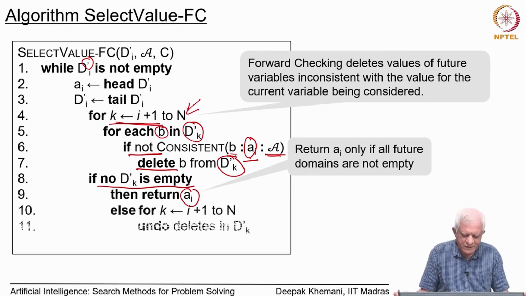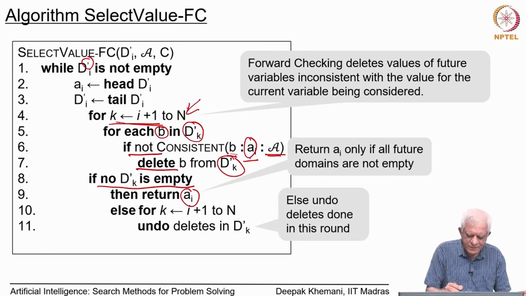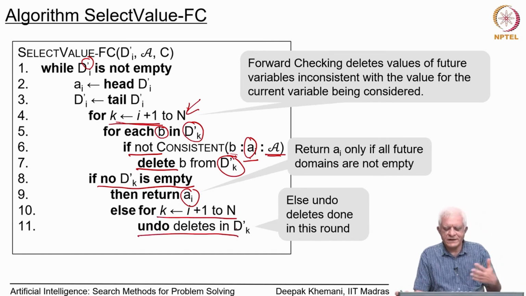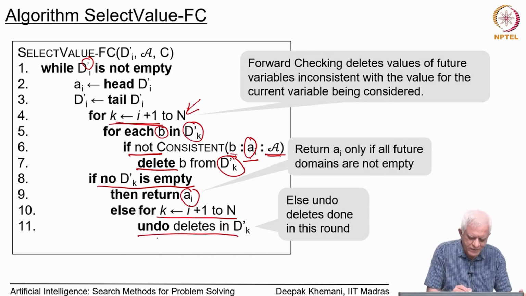If some domain is empty, which means that the condition is not met, then you go and look at all those variables and undo the deletes that you did for those variables, reset the values to the ones that were before you chose the value ai. So, this undo is only with respect to ai.